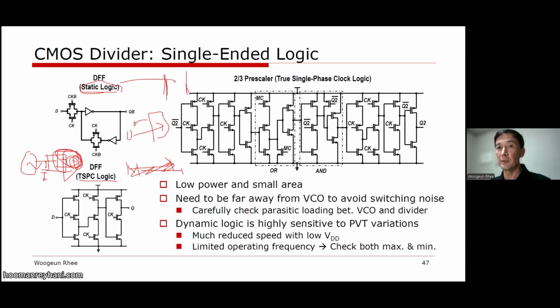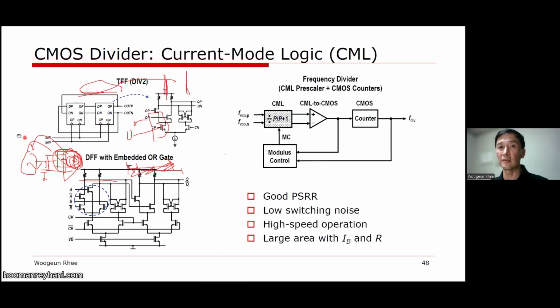This will kick back to the VCO, so this divider switching noise may couple into the VCO. So for real product-level design, I always think the prescaler must be designed in CML, differential logic. This is my suggestion.